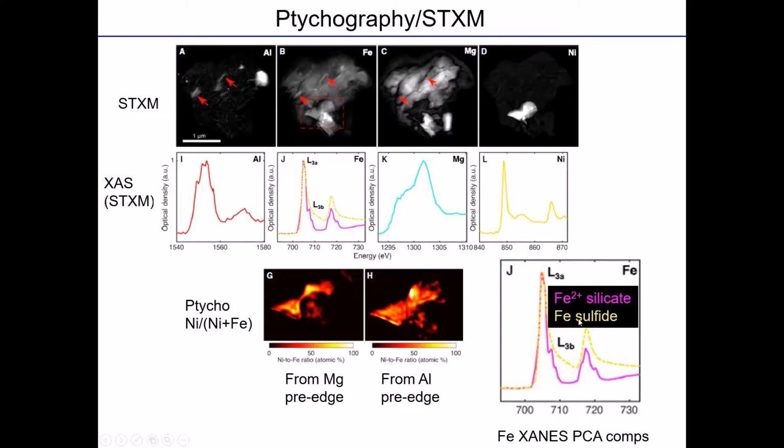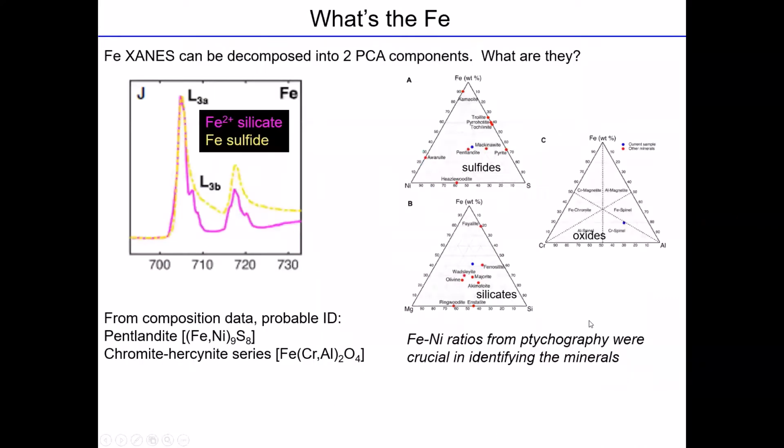So PCA shows 2 components in the iron edge, which they assigned to being iron 2 plus silicate and iron sulfide. So in the sulfide, they can get composition, and they find that it matches, the blue dot is what they find, and matching to other minerals, it lines up bingo with pentlandite, iron, nickel, sulfide of this composition.